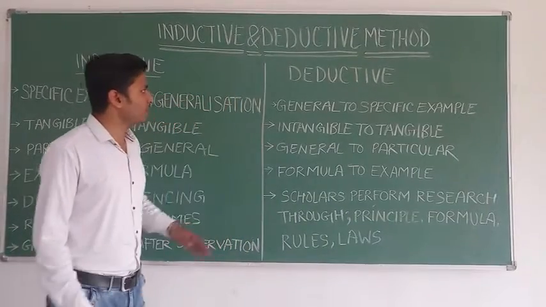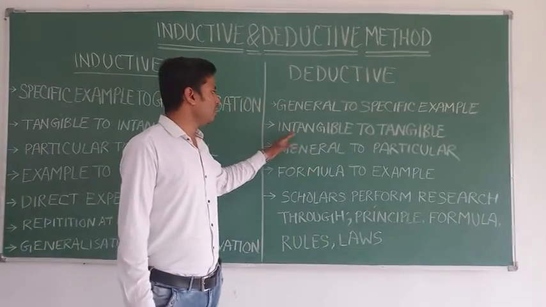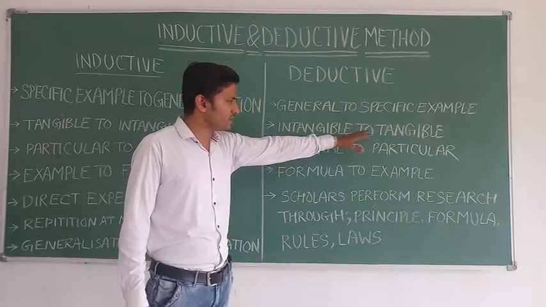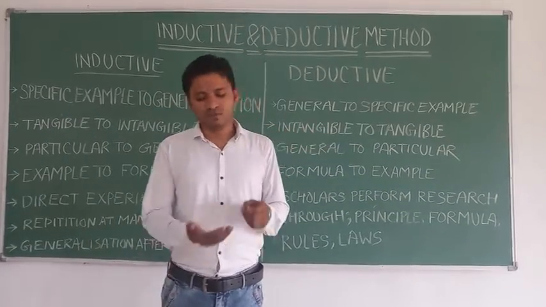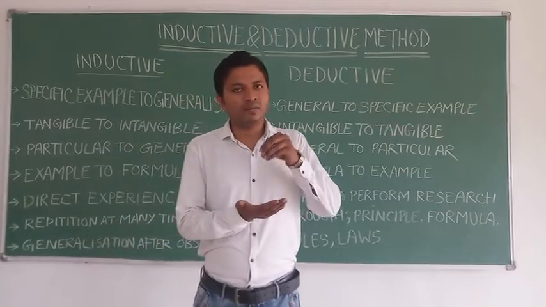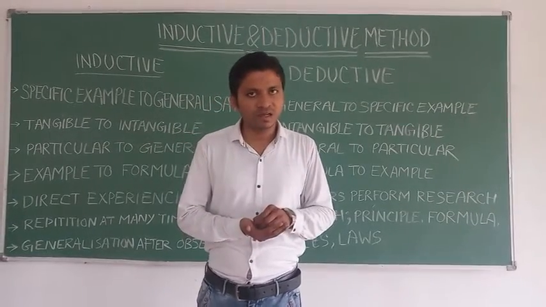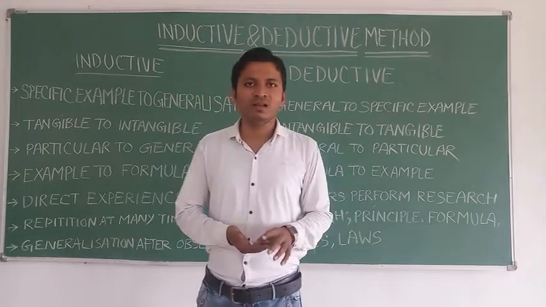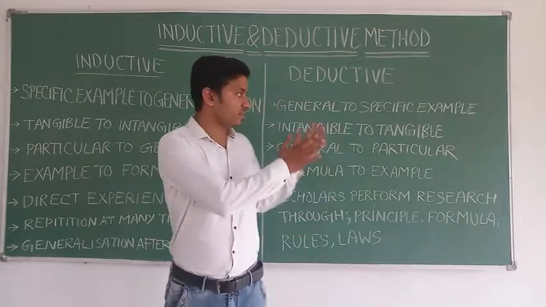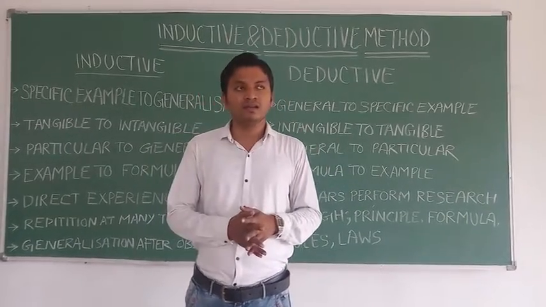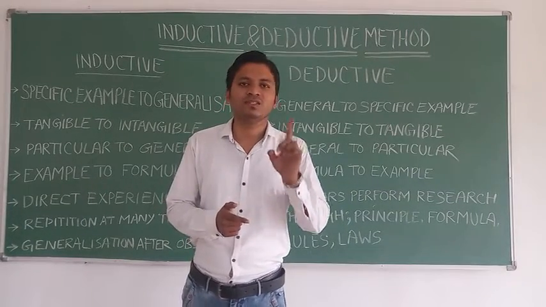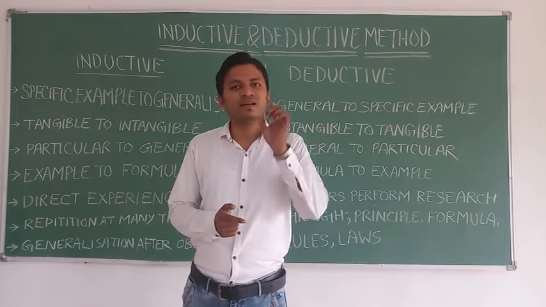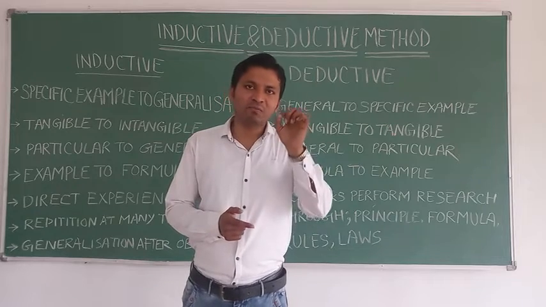So in the deductive method, we go from intangible things to tangible things. How? We are testing a particular theory or principle. We go to the people, and through this intangible theory, we are studying real individual people.